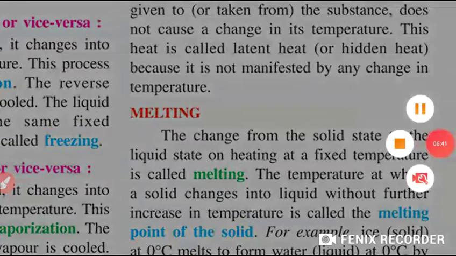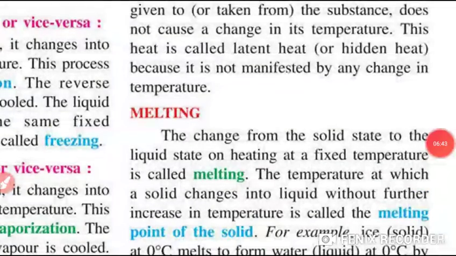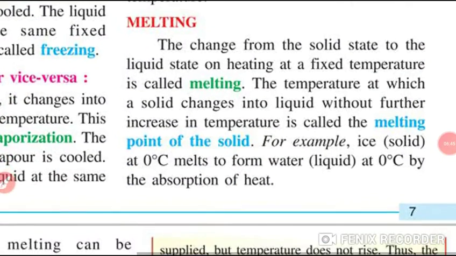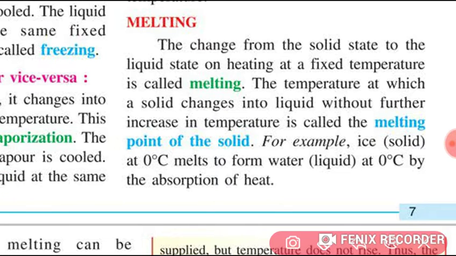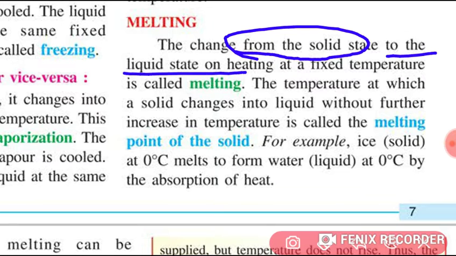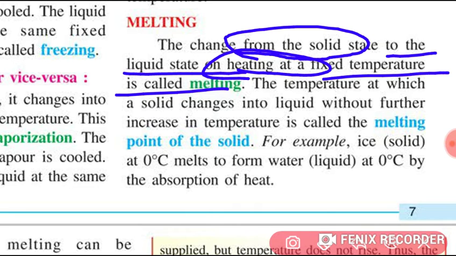So students, now we will learn about melting. What is melting? The change from the solid state to the liquid state on heating at a fixed temperature is called melting.